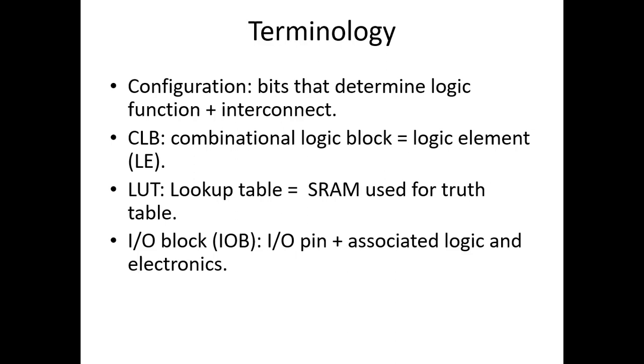If static electricity is generated, it will affect your logic. So there is also protection for cancellation of the static electricity. That's why I have written here associated logic and electronics, isn't it?